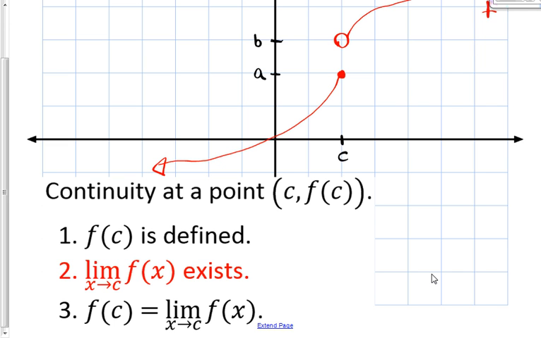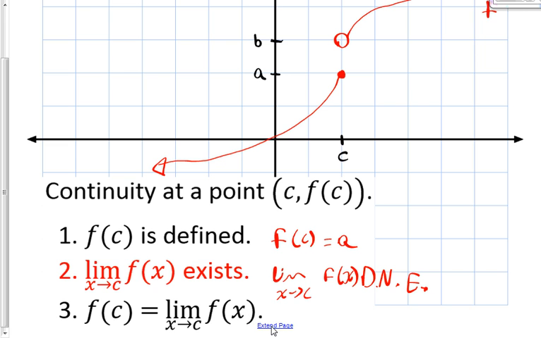So here's what we have. We have that f of c is equal to a, so the first criteria is met. But now we find that the limit as x approaches c of f of x does not exist. So since the limit does not exist, the third criteria is impossible.